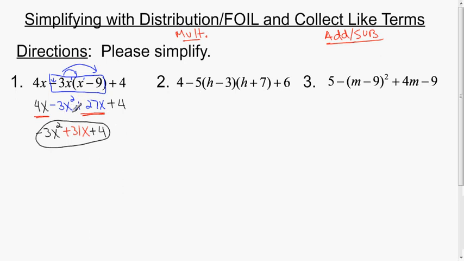On to example 2, a little bit longer here. If we notice, it says 4 minus 5 times the quantity h minus 3 times the quantity h plus 7 plus 6. Well, there's multiple multiplications involved here. We've got this negative 5 times the quantity h minus 3 times the quantity h plus 7.